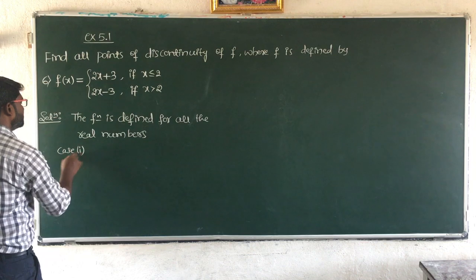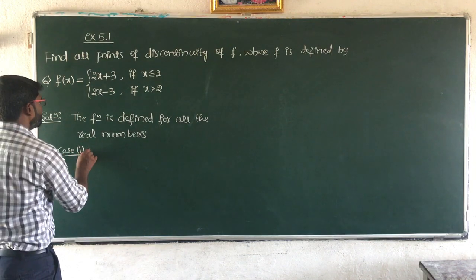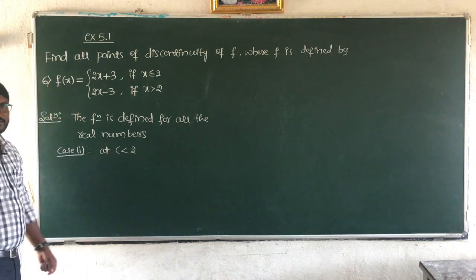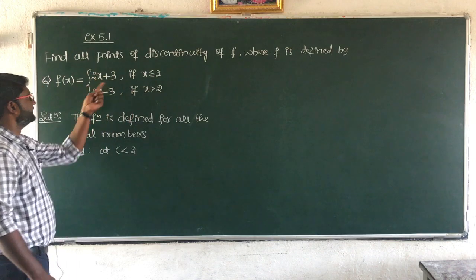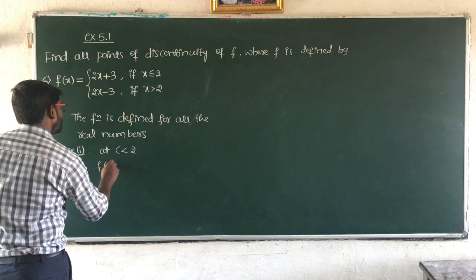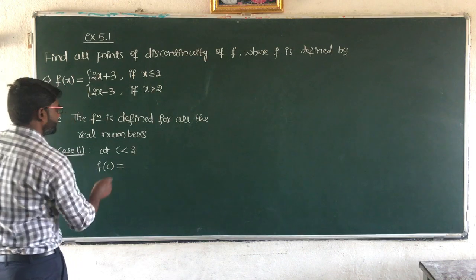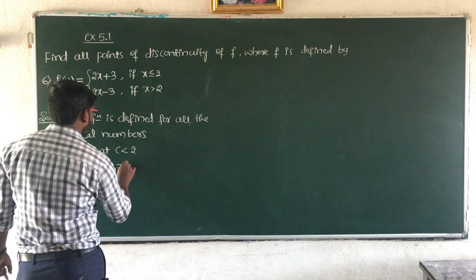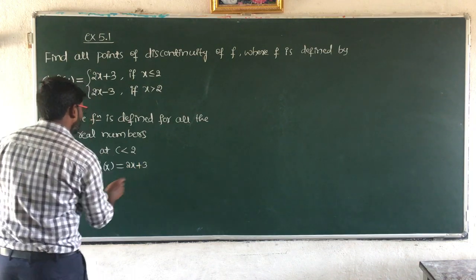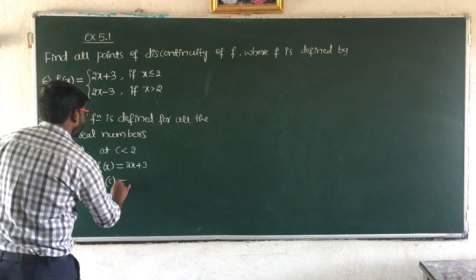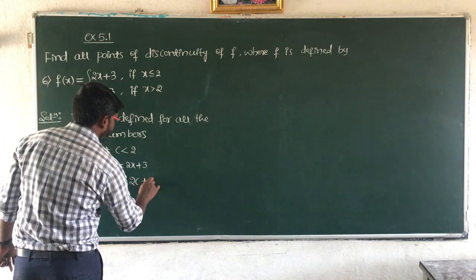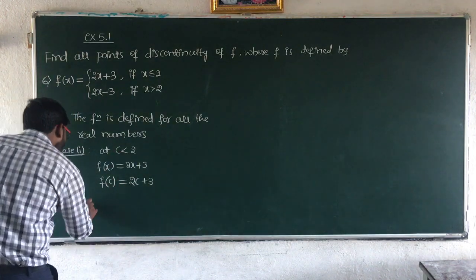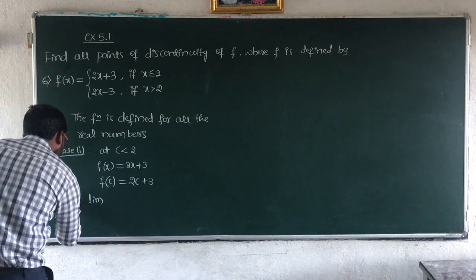Case 1, it is at c less than 2. F of c, first we will note down f of x, which is equal to 2x plus 3. Now f of c is equal to 2c plus 3. So this is the value of the function. Next we'll go for the limit of a function.